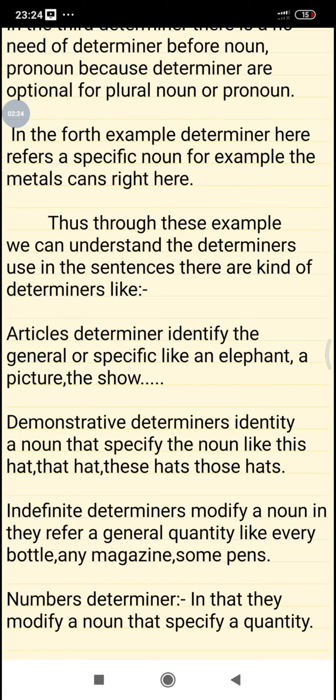Numeral determiners modify a noun and specify a quantity of the thing, like 1, 2, 3, 4, 5.